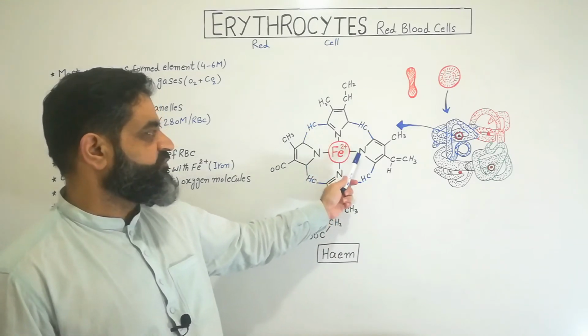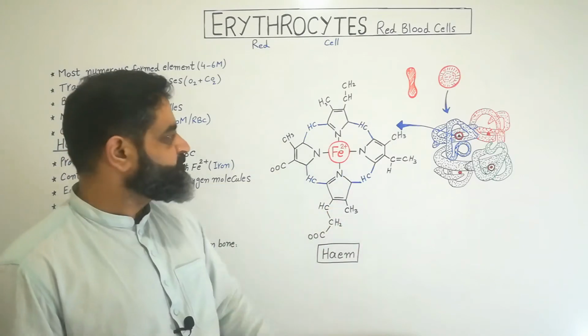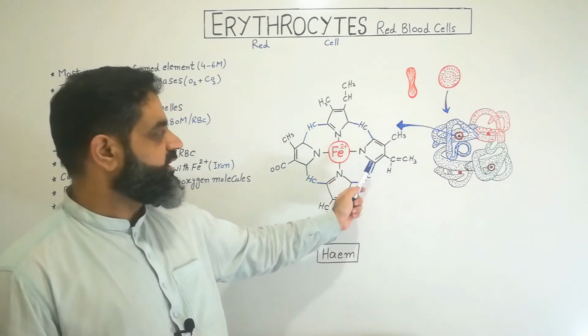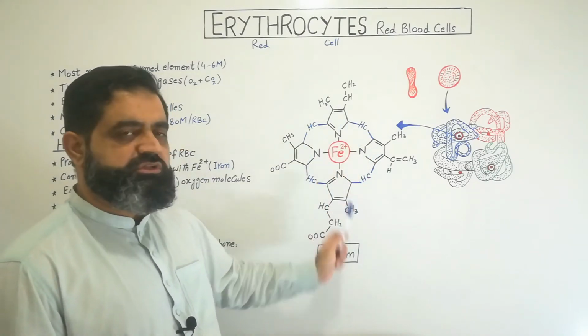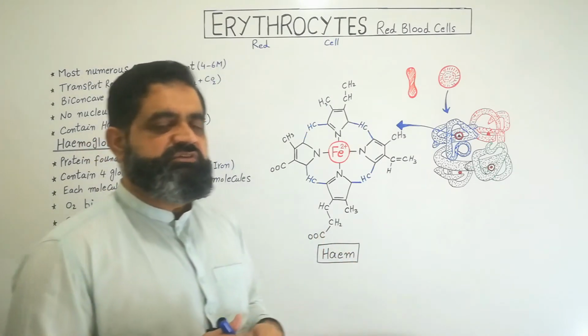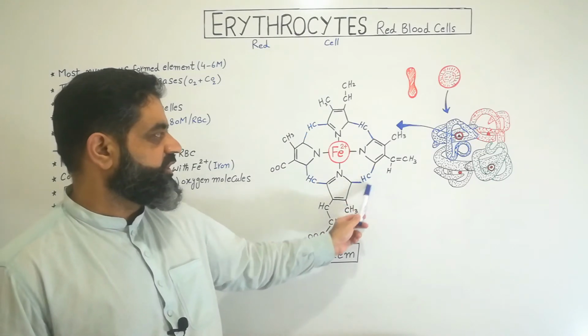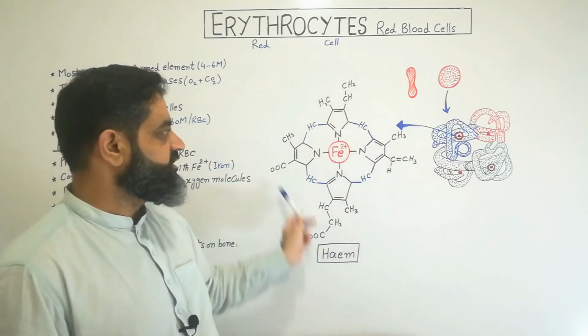It is attached to 4 nitrogen atoms on 4 sides. Then each nitrogen is part of a ring which is known as a pyrrole ring. This is the first, second, third and fourth. These 4 rings are then attached by bridges which are made up of carbon and hydrogen. As you can see in the blue color, this is a bridge, this is a bridge, this is a bridge, and in this way a ring is formed.